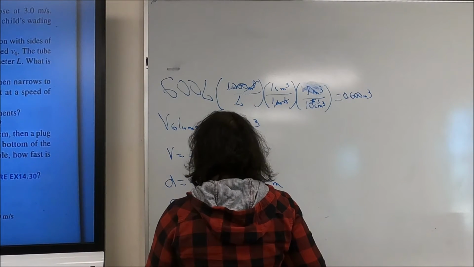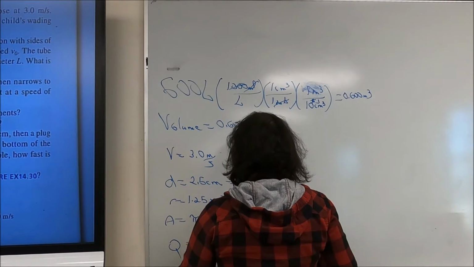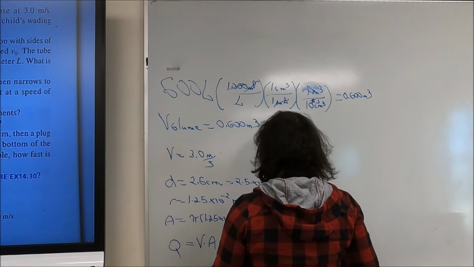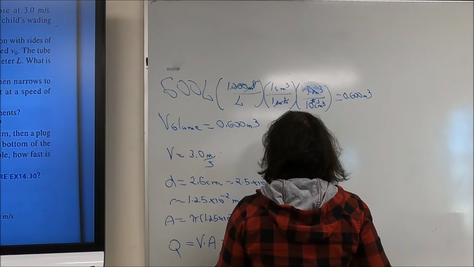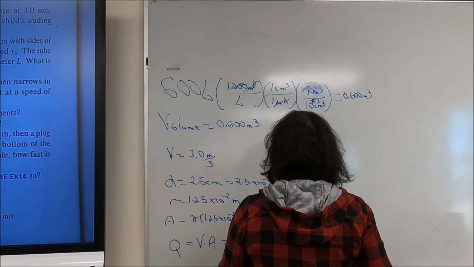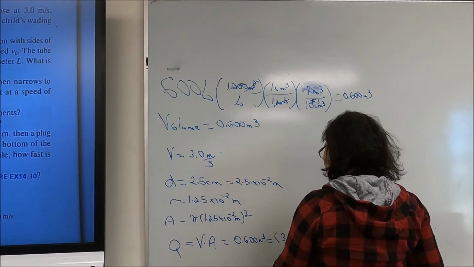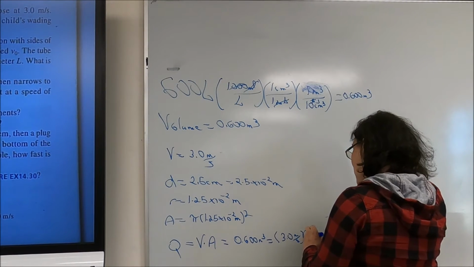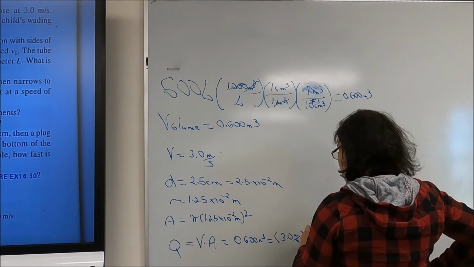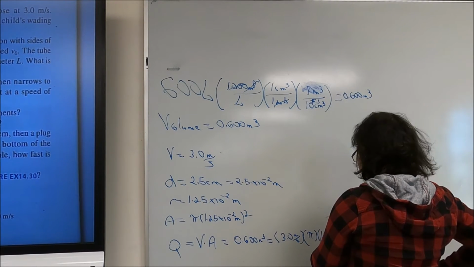Okay? Now Q, the flow volume, is going to equal V times area. Okay? So the Q that we've got, we need 0.600 meters cubed, has to equal the velocity, 3.0 meters per second, times the area, which is pi times 1.25 times 10 to the minus 2 meters squared.